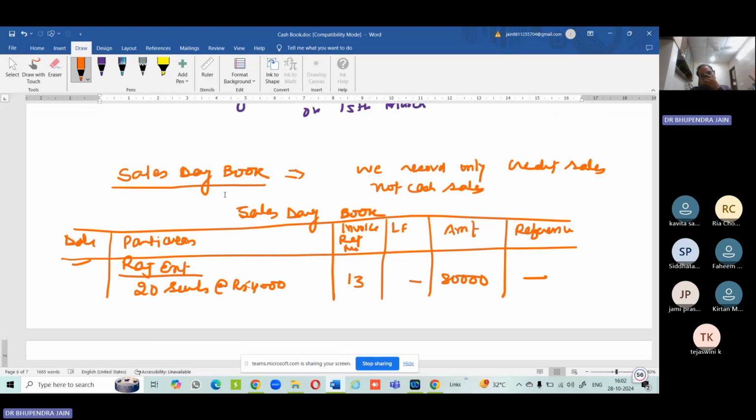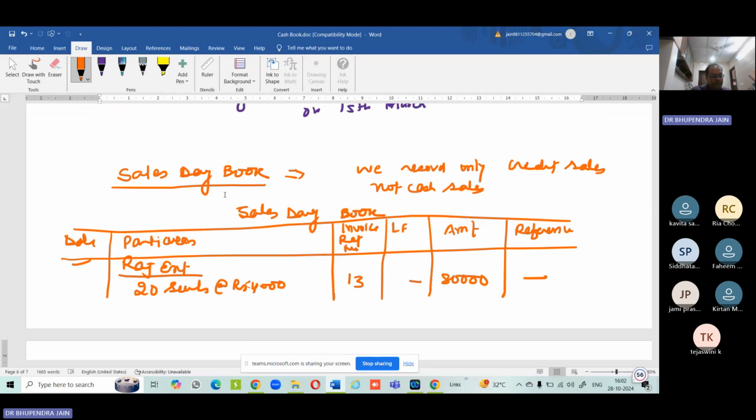Every entry related to credit purchase and credit sale we will record in the purchase day book and sales day book. If a discount is given, whether trade discount or cash discount, prepare a working note and record the entry after discount in the purchase book and the sales book. We record the entry after the trade discount.